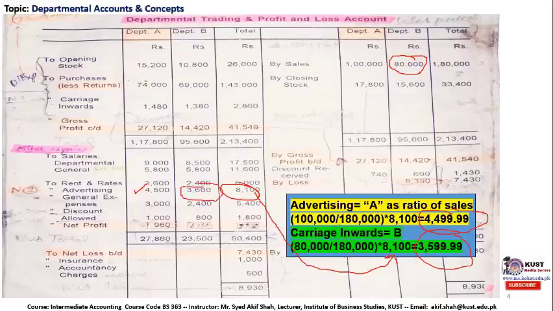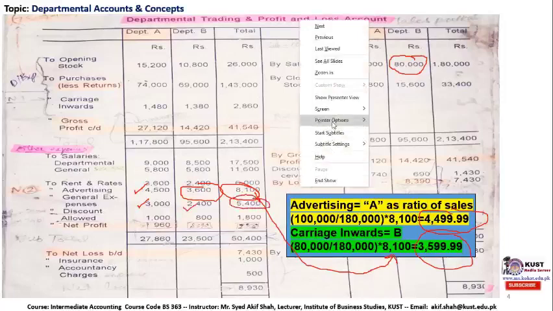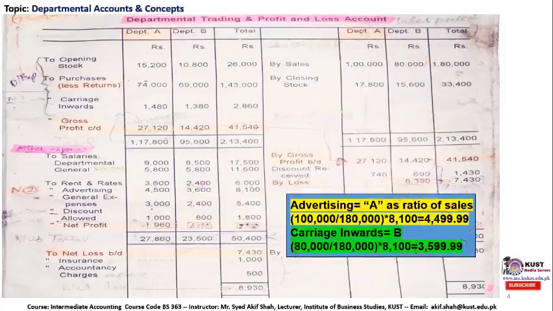With the same formula, we have calculated the journal expenditures, since the total value of journal expenditure was given. Similarly for discount allowed, we have used the same formula to divide the total discount of 1,800 using the sales ratio.